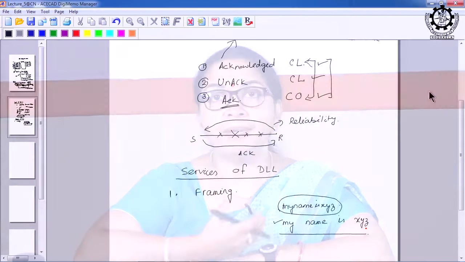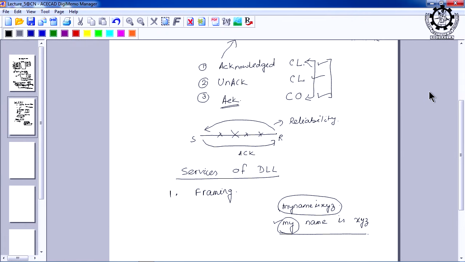So, what makes the sentence meaningful? The distinction between the words. We say this is a word because there is a gap between two words and every word has a meaning, giving a meaning to the whole sentence.